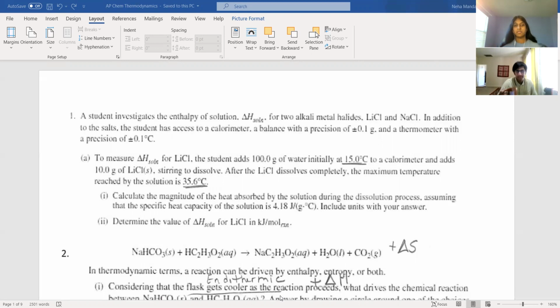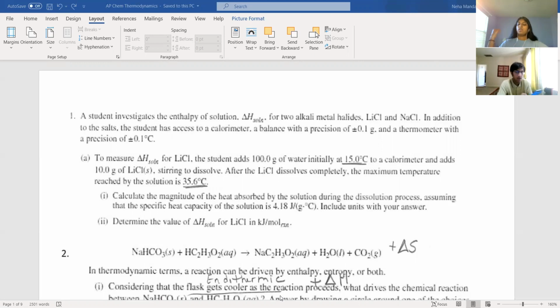So that's mass times specific heat times change in temperature. So mass is 110 here. And the change in temperature is also easy to find, 35.6 minus 15, which is 20.6. And the specific heat, the one that they gave us is 4.18. So we would just go with that one.